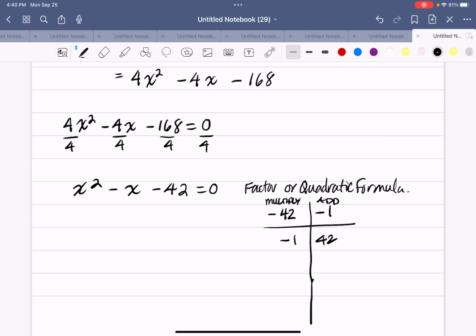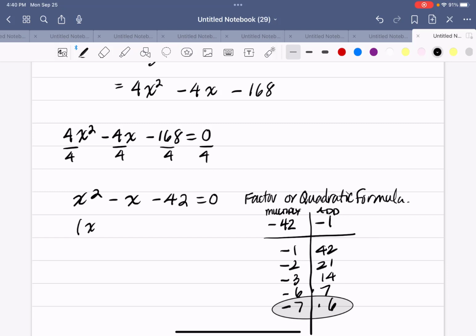And I always start with negative 1, negative 2 times 21, negative 3 times 14, negative 4 won't go evenly, 5 won't go, 6 times 7, 7 times 6, and you see they start to repeat, but the signs are switched. And I can stop here because these are the numbers I need. I've got x minus 7 and x plus 6 will FOIL out to give me that trinomial.